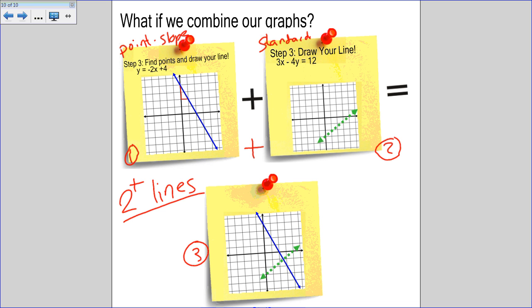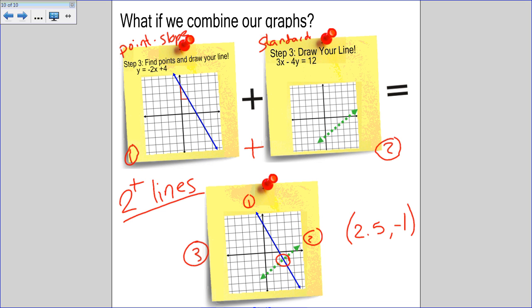And you're trying to see where they intersect. So where does our first line intersect our second line? It looks like this point right here. We're going to just guesstimate for now because it's hard to see exactly where it's at, but it looks like it's at about 2.5, -1.